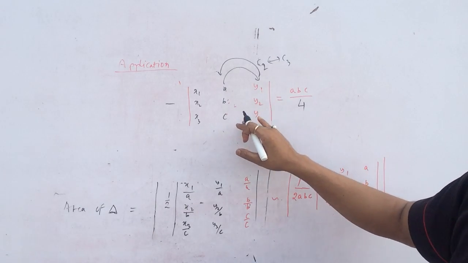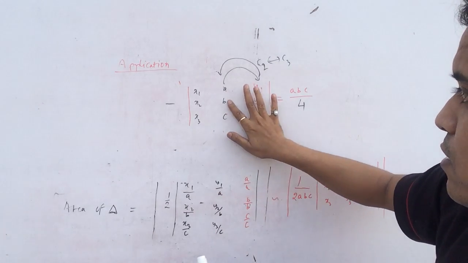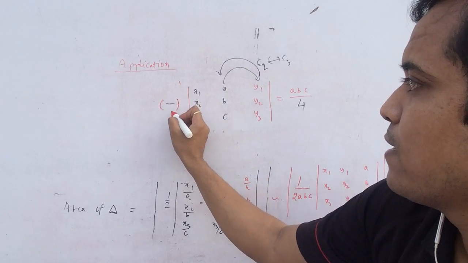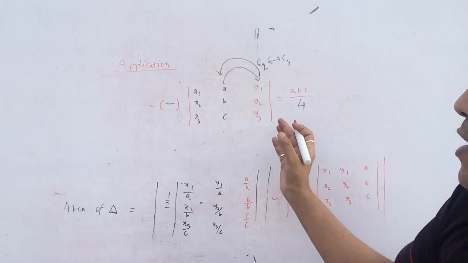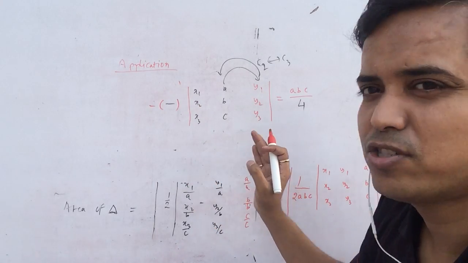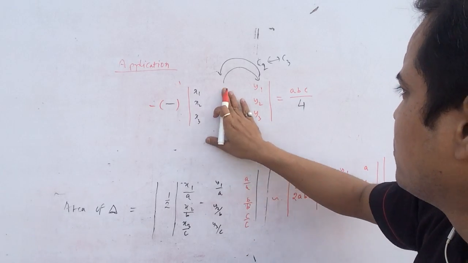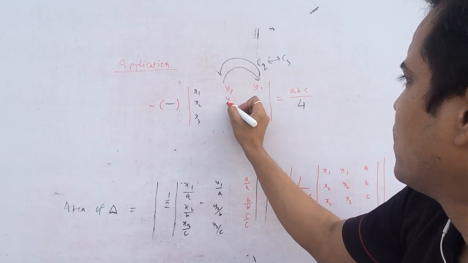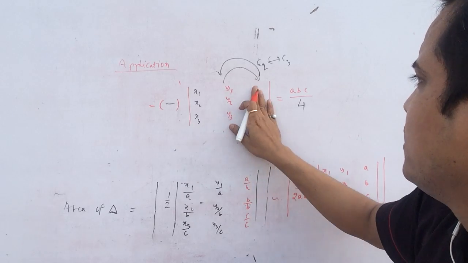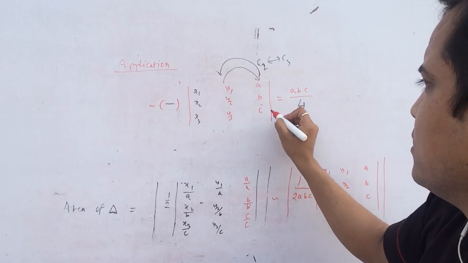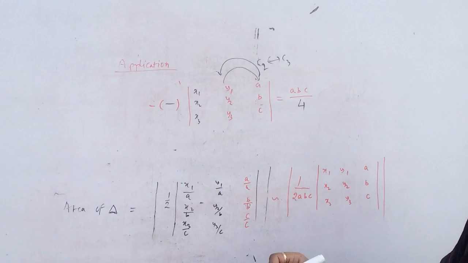When you interchange this again, you'll get minus, again minus, because you know that the value of the determinant changes sign. So again you get here y1 y2 y3, and here A B C, and minus 1 minus will become plus.